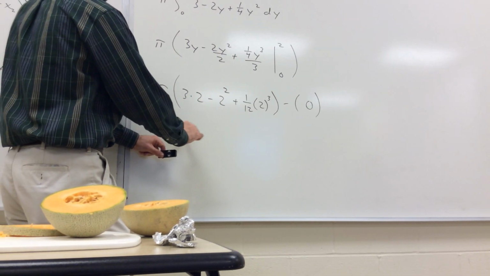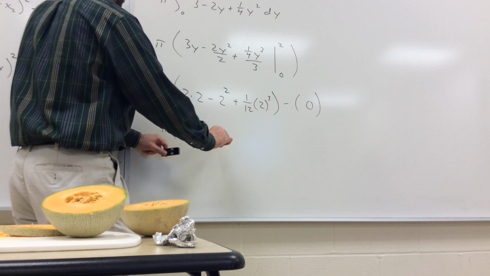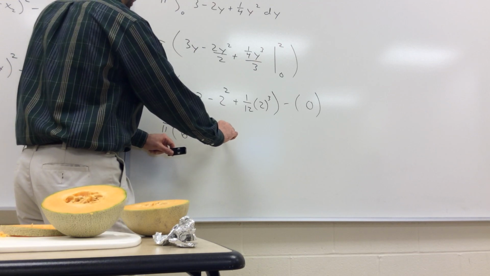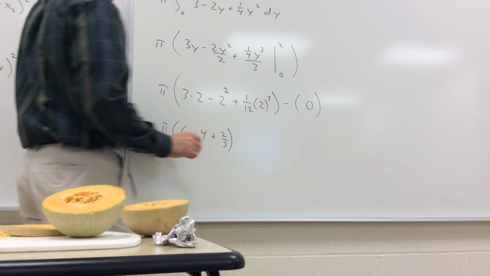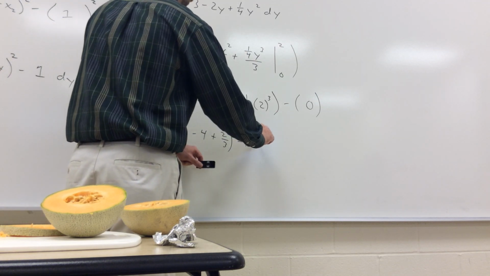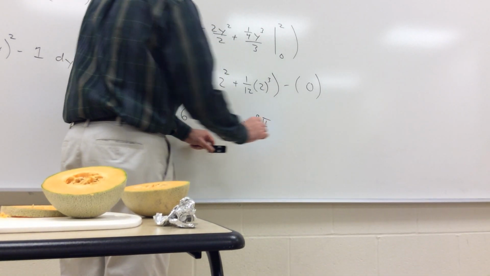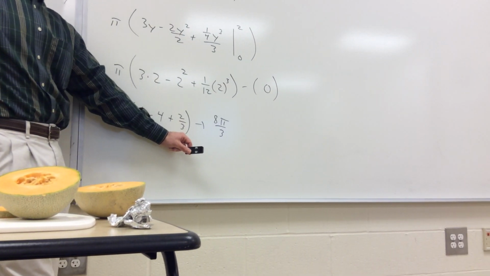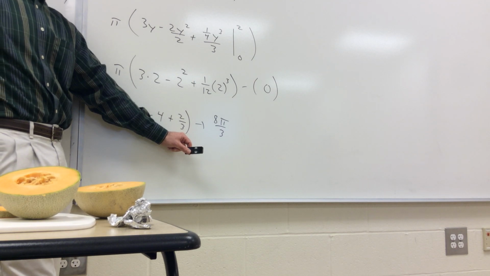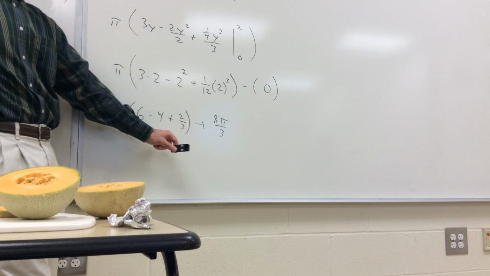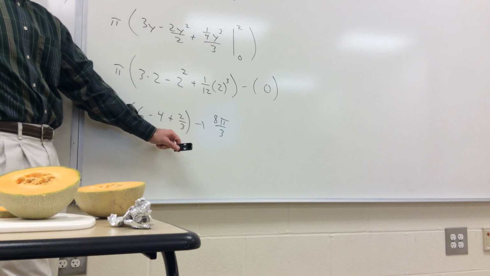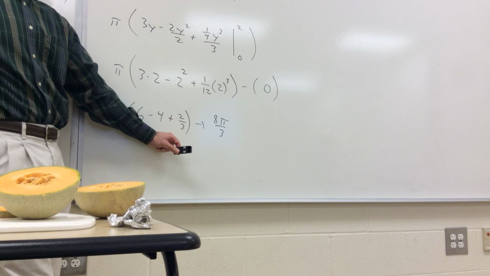So we got pi times 6 minus 4 plus 8/12, which is 2/3. 2 2/3 pi, so that's 8 pi over 3. Good.